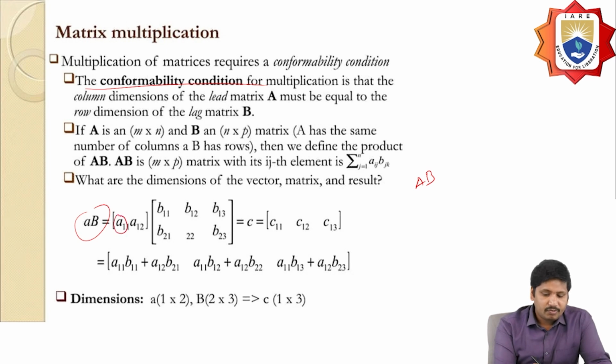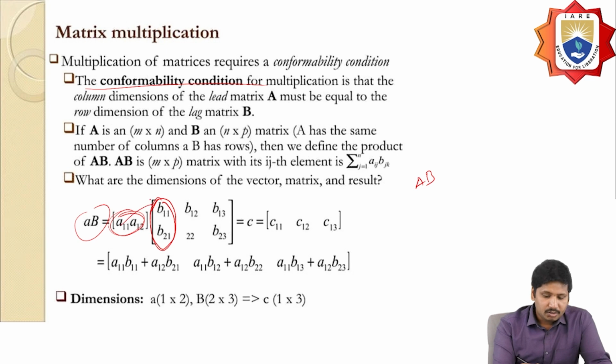The first row of the first matrix is multiplied with the first column of the second matrix. So the row of the first matrix is multiplied with the column of the second matrix.